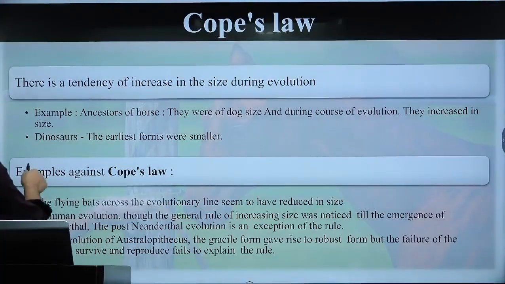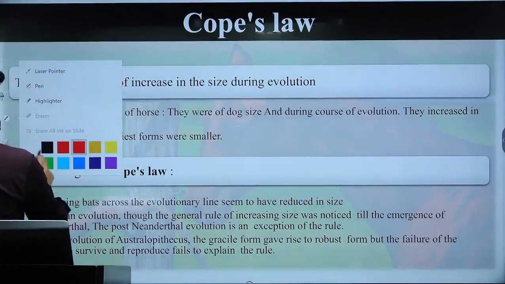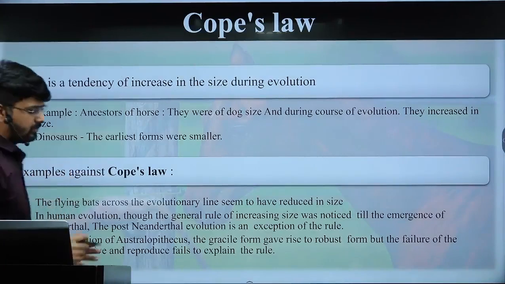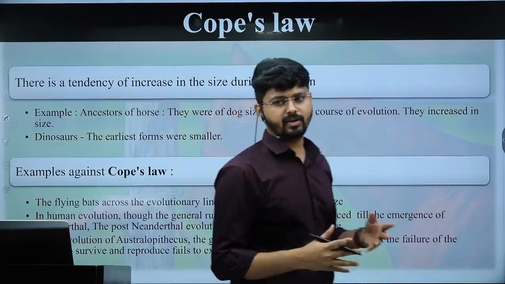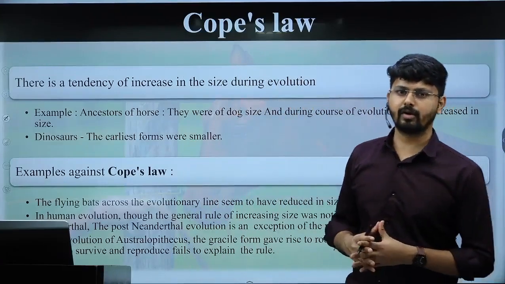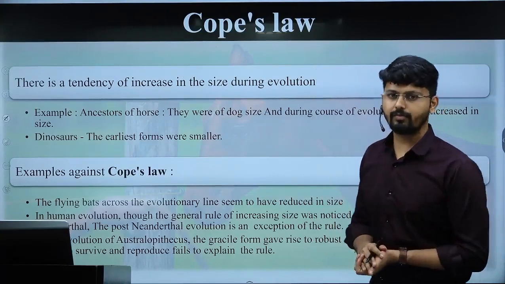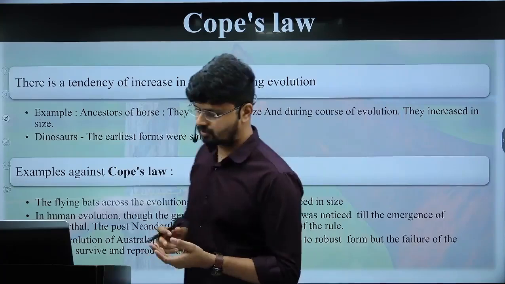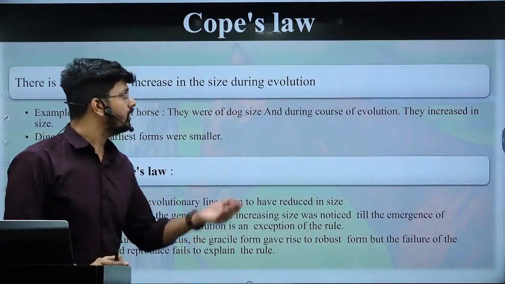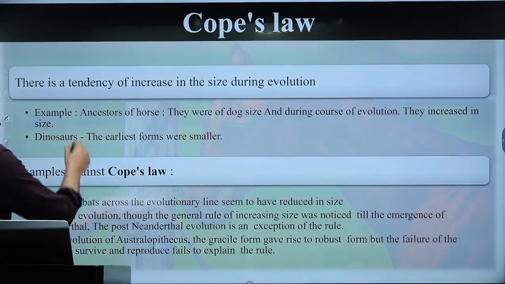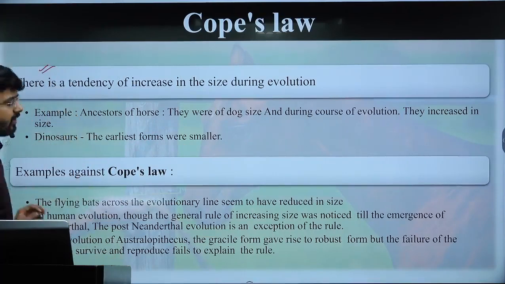Cope's law. What does Cope's law talk about? There are certain terms and concepts given as part of the syllabus in human evolution and the emergence of man. These are also part of evolution itself, so these terms are related to evolution. Here Cope says that there is a tendency of increase in size during evolution.